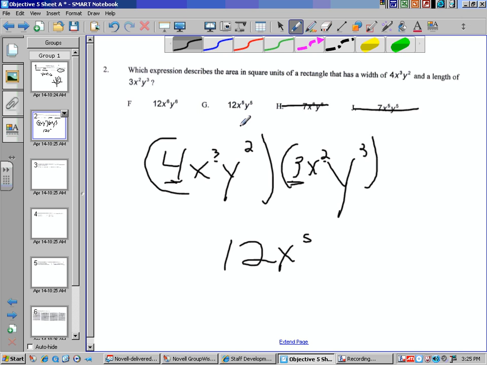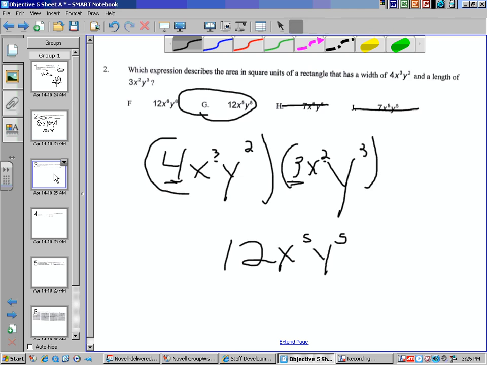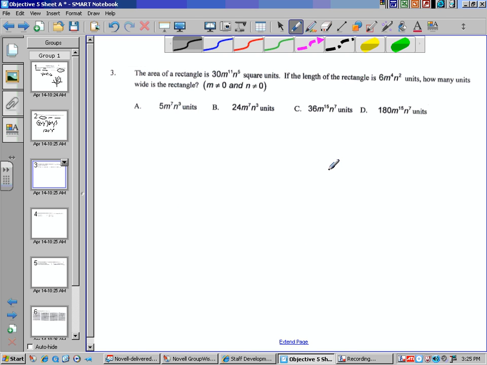Well, if I look up here, it has x to the 5th power, and then y, 3 plus 2, y to the 5th power. My answer would be G. On the next one, right here, pause the video and come back and see how you do.